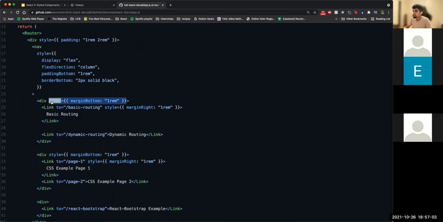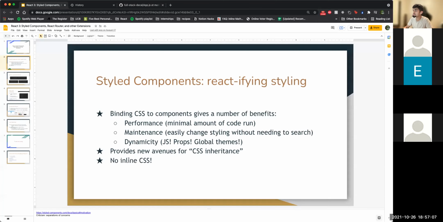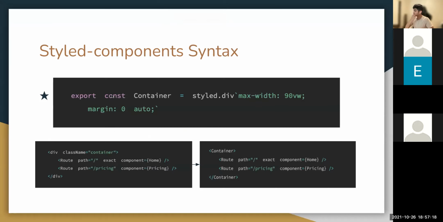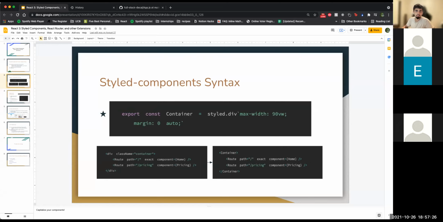So in general, we don't want to use what are called inline CSS properties, and styled components allow us to not do that. Yep, so that's the basic idea behind styled components, just as a rote or conceptual example. But to give a practical background for this, I guess.